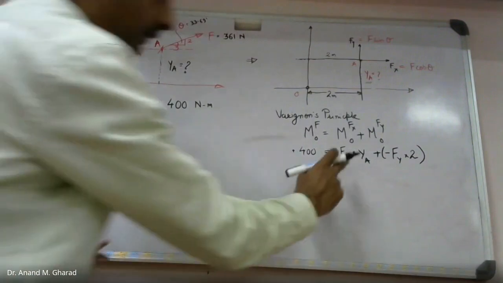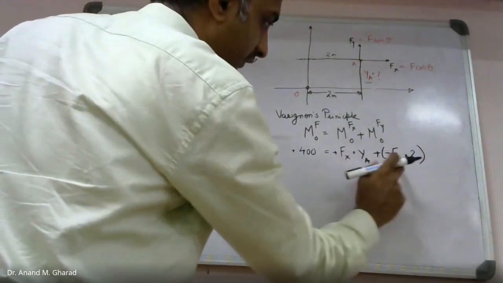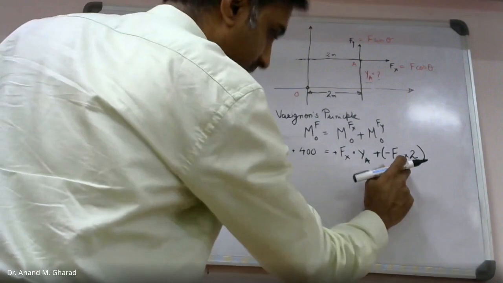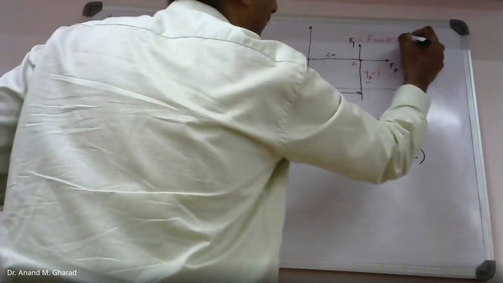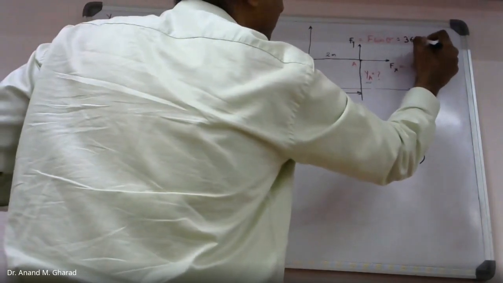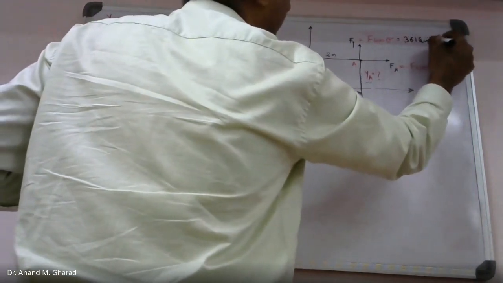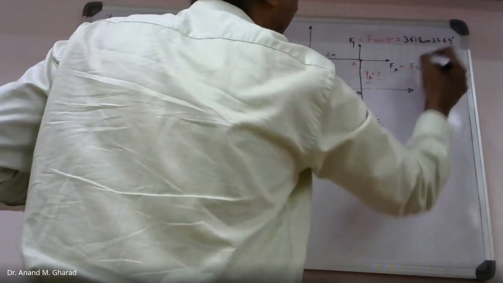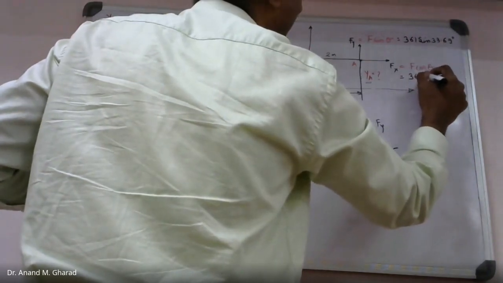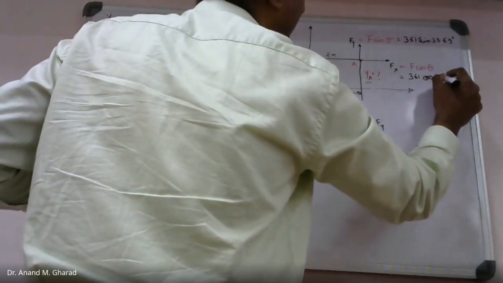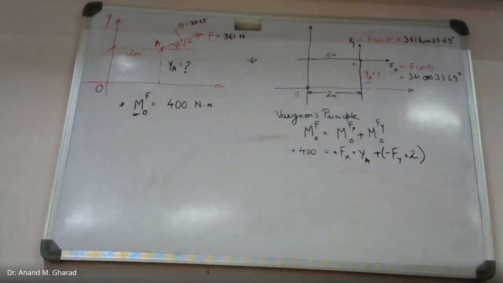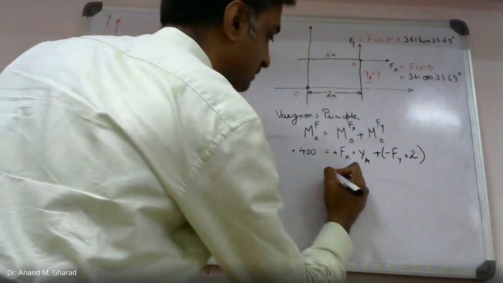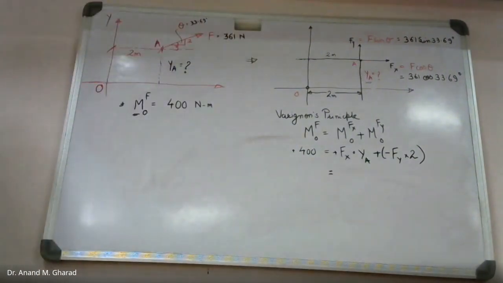So very simple, you substitute the values of Fx and Fy by expanding this: 361 sine of 33.69 and this is 361 cos of 33.69. So please substitute these values and let me know what is the value of Fx.